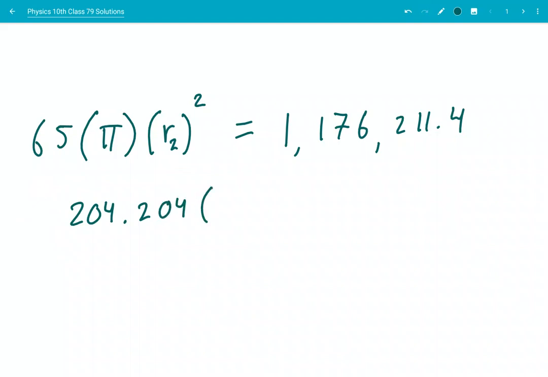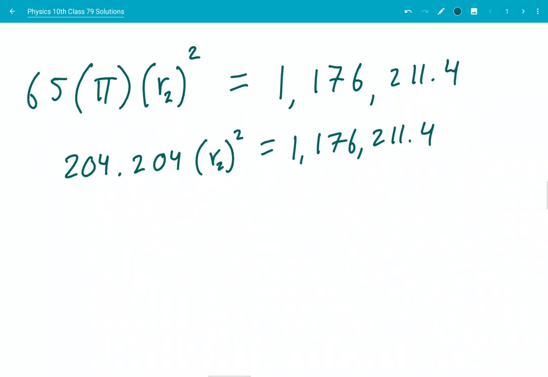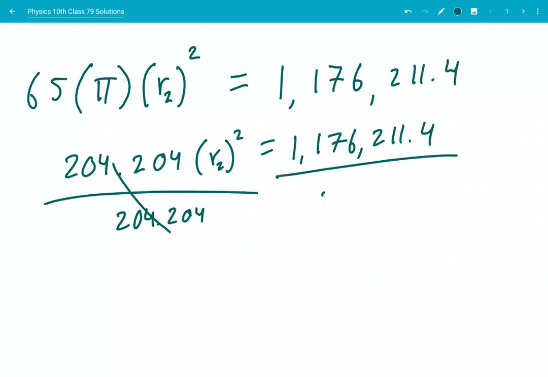204.204 about times R2 squared equals that big number, 1,176,211.4. All right, now divide both sides by 204.204, so we cancel.